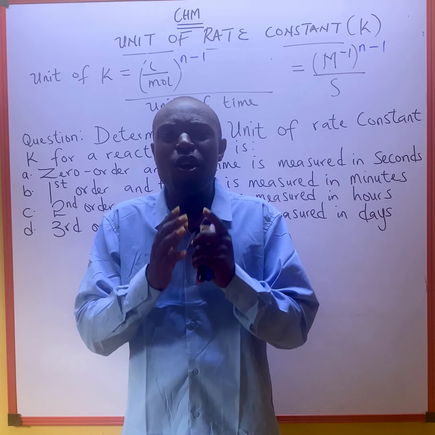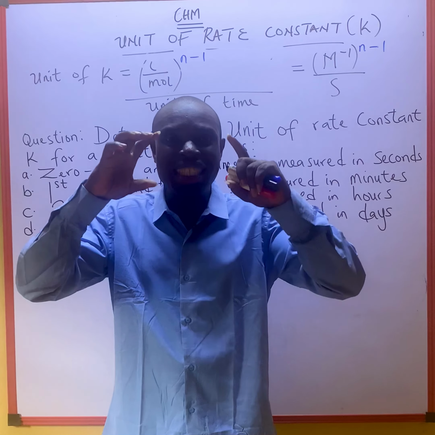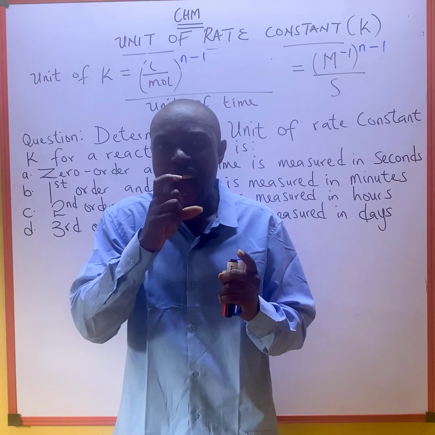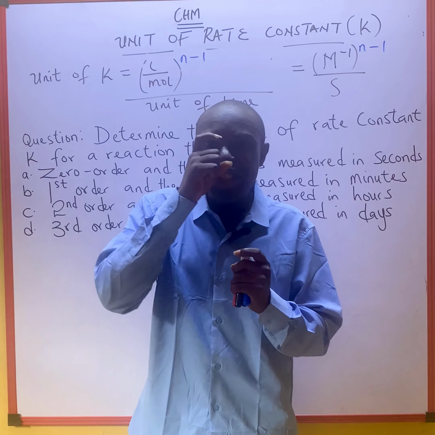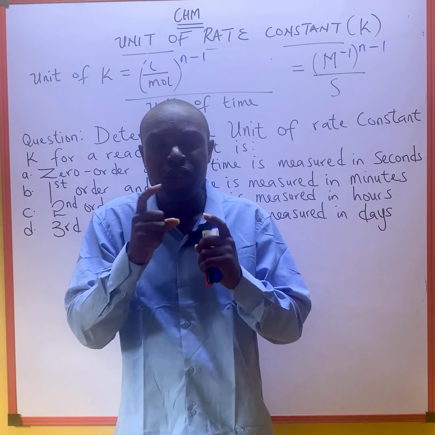And today we are going to be talking about a very important aspect in the field of chemical kinetics: how to determine the unit of the rate constant for the different orders of a reaction.